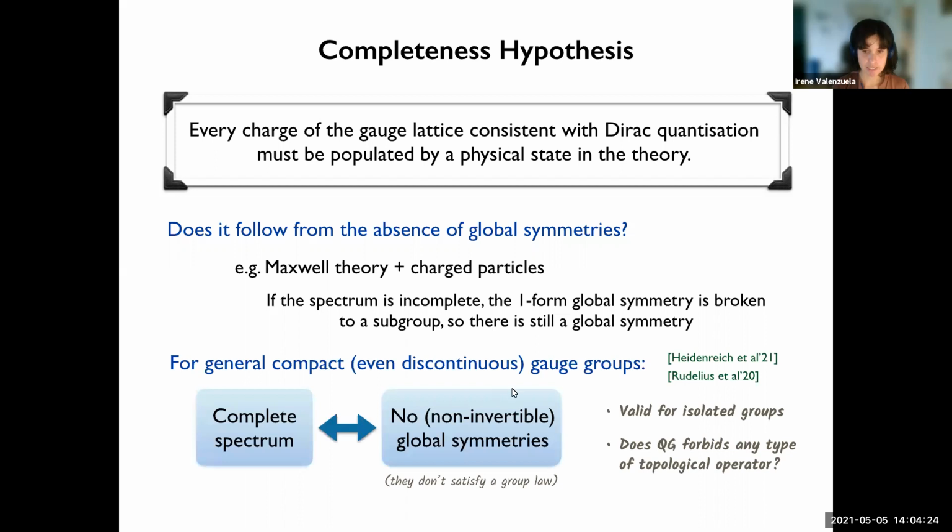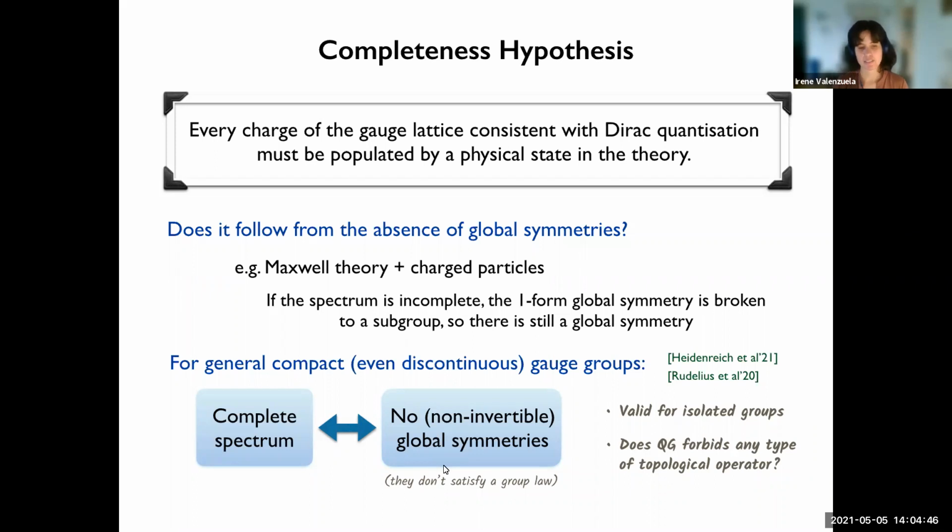And recently we were studying this question in detail, and we show that at least for isolated groups, one can show that there is a one-to-one correspondence between a complete spectrum and a more general notion of global symmetries, which involve non-invertible global symmetries.